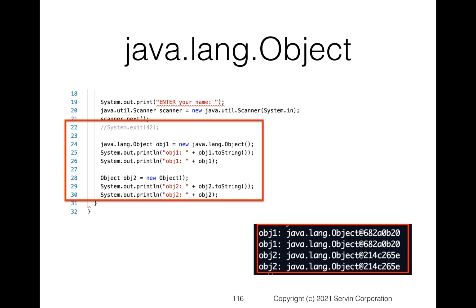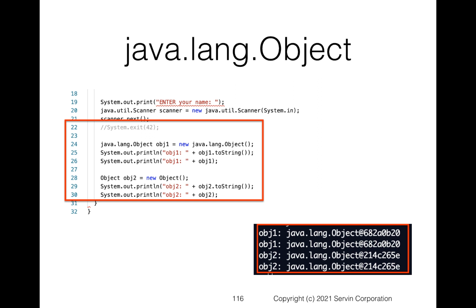In fact, at line 28, I do the shorthand, which you're probably much more used to seeing. But for right now, I wanted to make it clear that at line 24, the object is coming from java.lang. So we create a new instance of that, and notice at line 25, we print out that object.